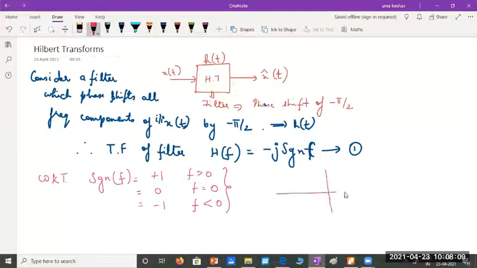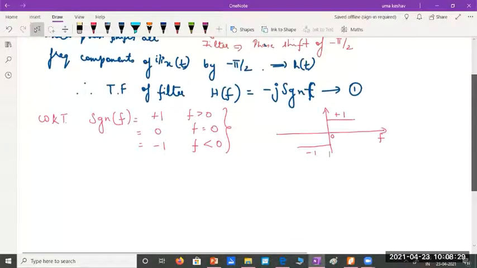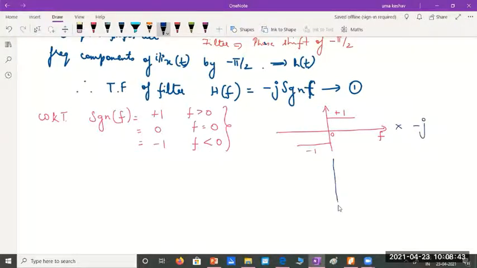We know this is how the signum function is defined. Ideally speaking, if I try to represent this signum function, it will look something like this, right? +1 and -1, and this is at 0. So this is how we are going to represent the signum function. Now, if I try to multiply this signum function with -j, what will I get?